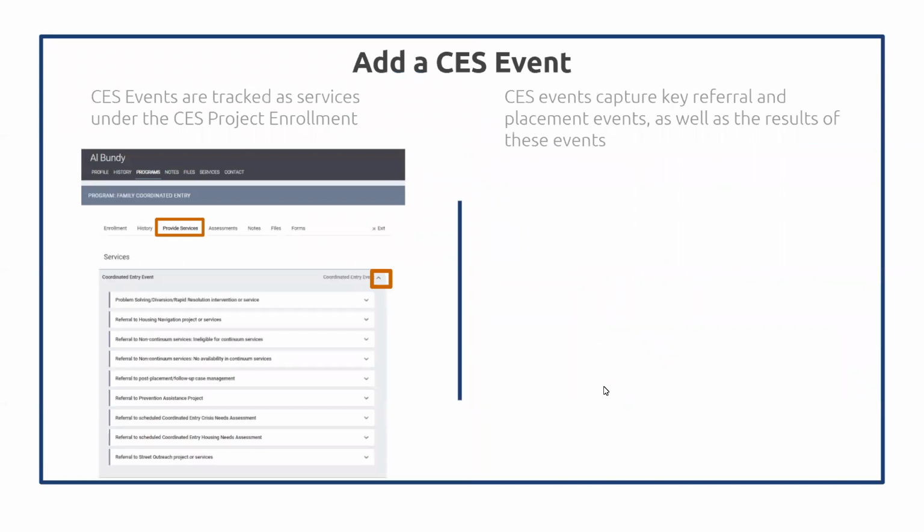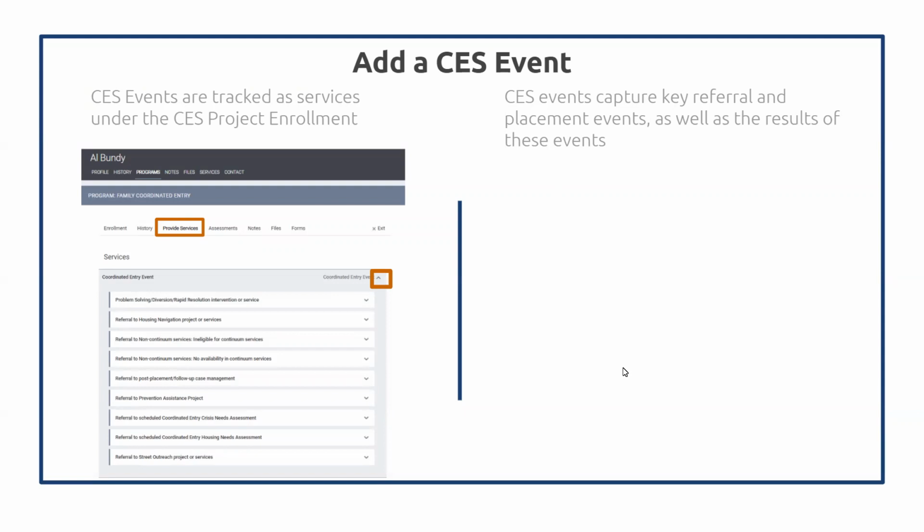And finally, the last way to keep a client or household on the community queue is to add a CE event, which is any activity within HMIS done using the client profile, including adding a program enrollment or enrolling in a service or such event.